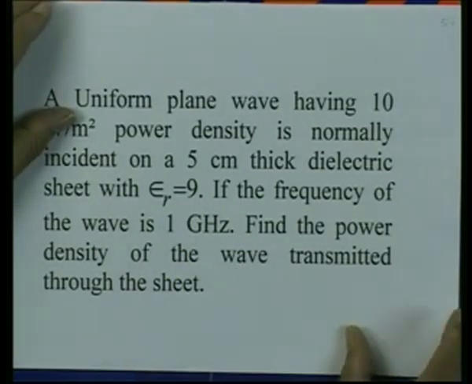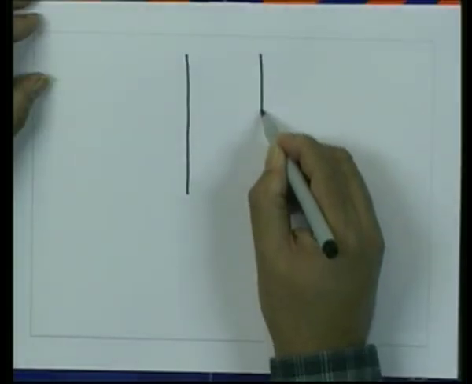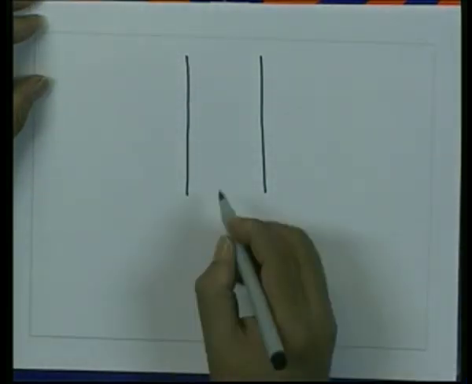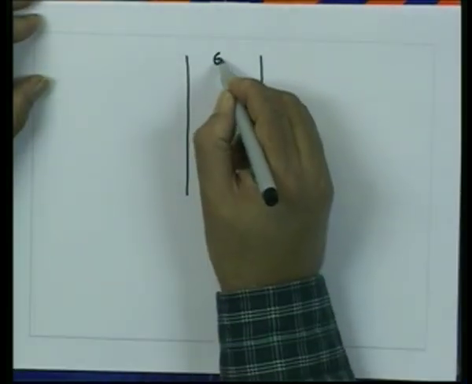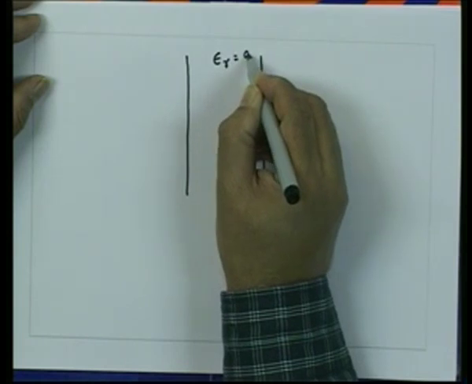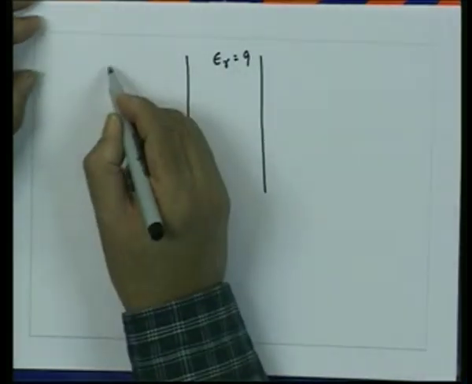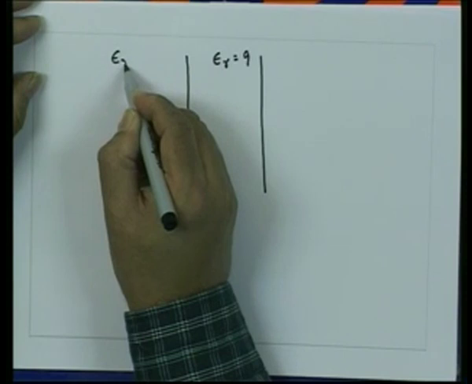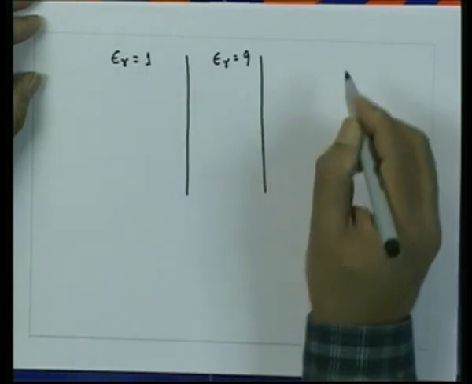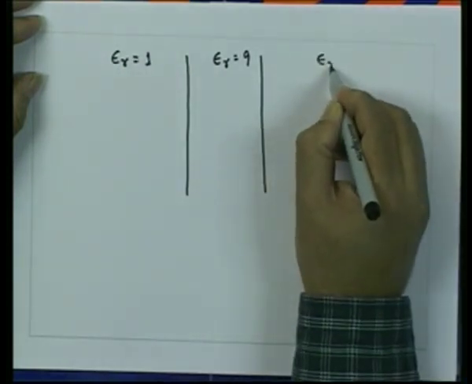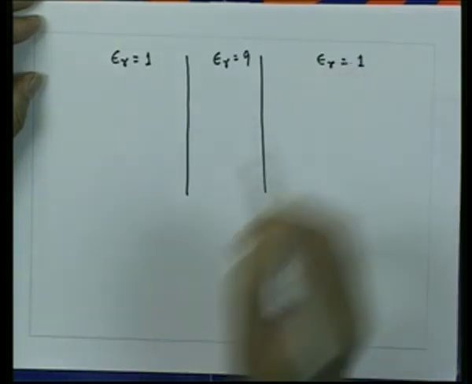So, this problem can be solved as follows. We have a sheet like that, whose dielectric constant epsilon r is equal to 9. On this side you have epsilon r equal to 1, and on this side also you have epsilon r equal to 1.